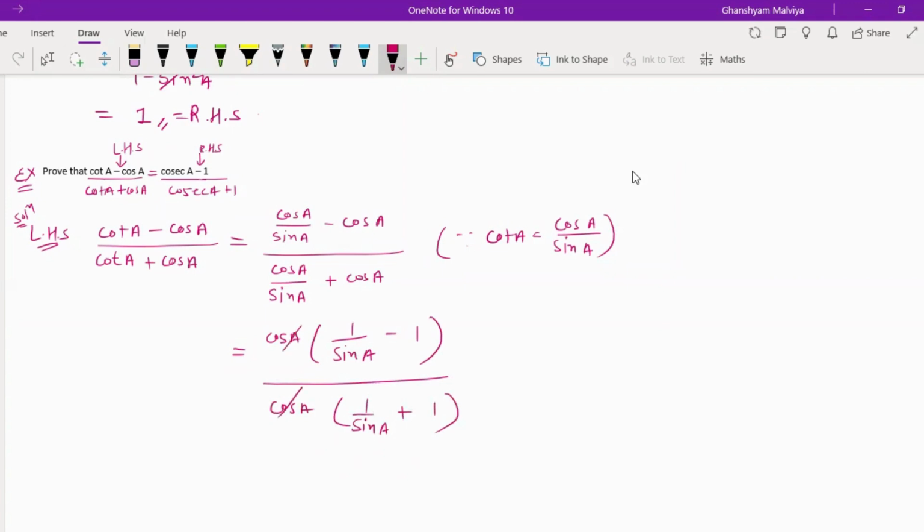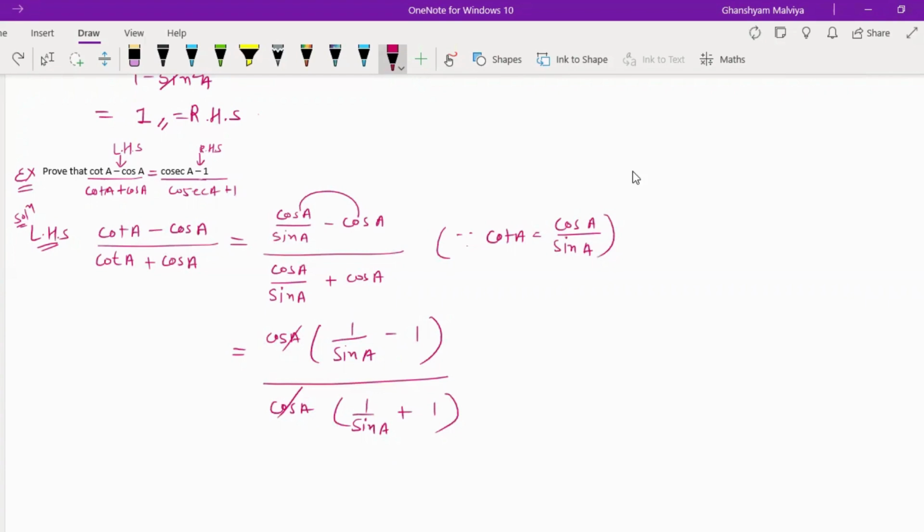Cos A, cos A cancel out. Here we have taken cos A common, and again in the denominator we have also taken cos A common.